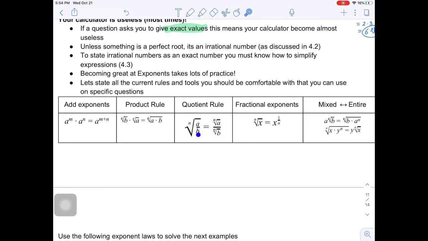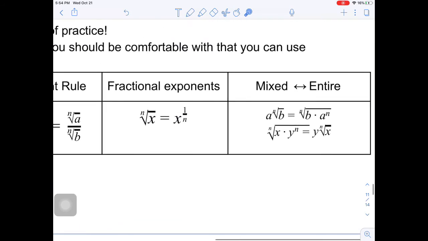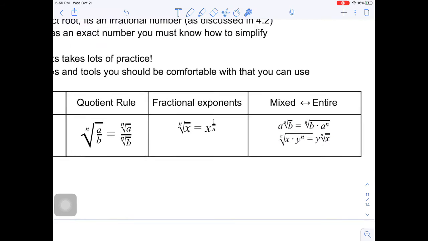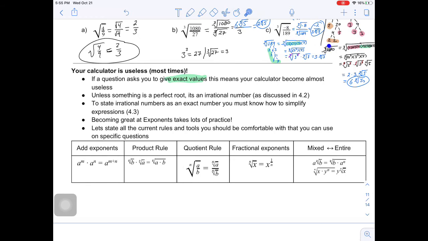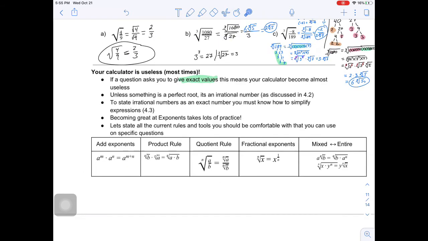If you have this, you can put it all under the same radical. We have our fractional exponents, and then you should learn how to go from mixed to entire. So here's a mixed to an entire, and here's an entire to a mixed. So here's all the rules, and we literally just used pretty much all of these, maybe with the exception of this one.